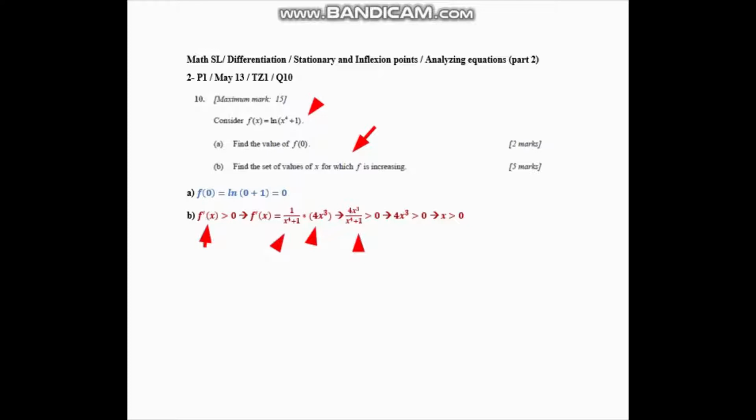Since the denominator is always positive, I just need the numerator to be positive for the entire function to be positive or greater than 0. So simply I just rewrite this as 4x to the power 3 is greater than 0, hence x is greater than 0. So this is the solution for A and B.